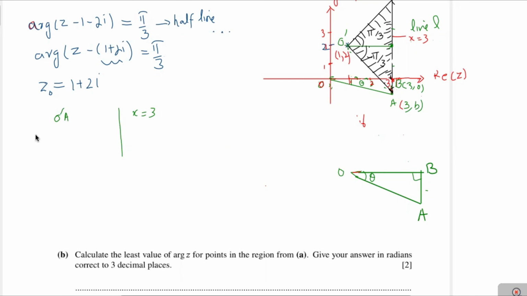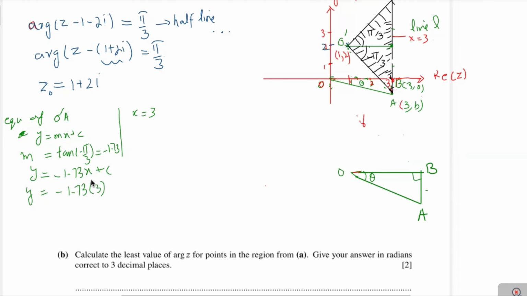Now the equation of line O'A will be y equal to mx plus c. This is the equation of O'A. Now you see here the gradient of this line O'A is tan theta, and tan of minus pi over 3 has the value minus 1.73. Now this equation becomes y equals minus 1.73x plus c.